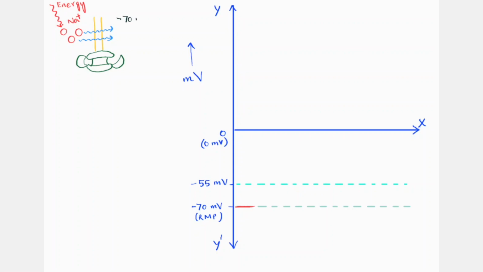But once the positive ions get inside, it's increasing, right? It's becoming more and more positive, because it's the Na plus ions that are getting inside. So if you consider the profile here, positive is towards the upper side. So from minus 70, let's say it goes to minus 69, minus 68. It's getting positive, it's rising.